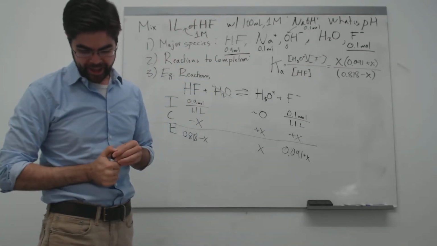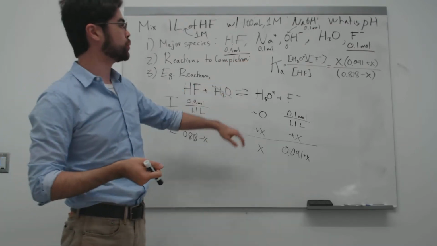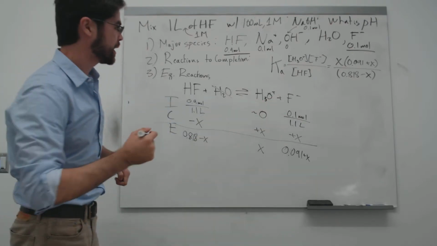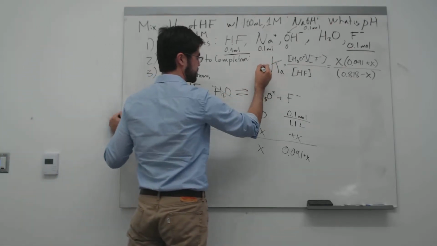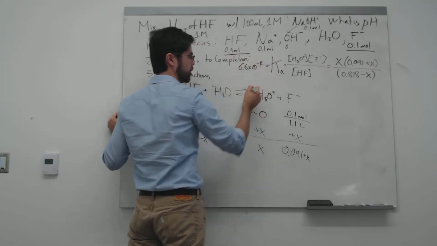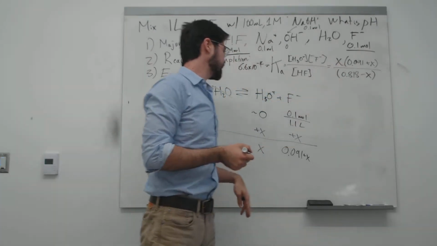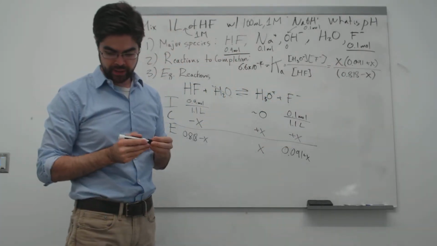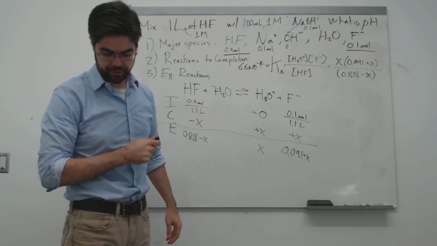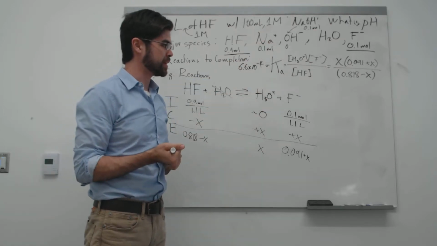So, how do you solve this? At this point, this is an algebraic equation. We know the Ka value. I had it written here previously. I'll remind you again, its specific value is 6.6 times 10 to the negative 4. I want to solve for x, and by solving for x, I get the hydronium concentration, then I get the pH.